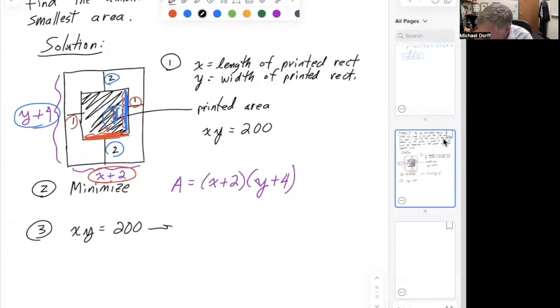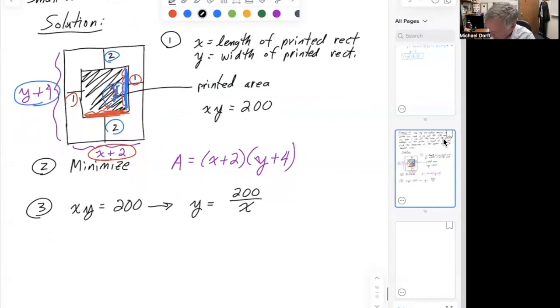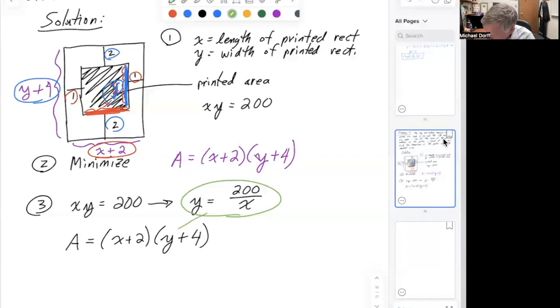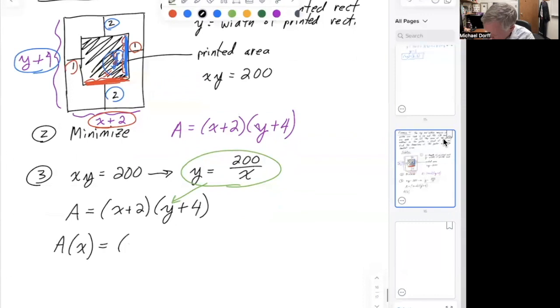Let's solve for Y. So Y is going to equal 200 over X, dividing both sides by X. And then remember, A was (X plus 2) times (Y plus 4). So now we're going to take the Y equaling that, and substitute it in here, and I'm going to get a function in terms of my one variable X, and it's going to be (X plus 2) times (200 over X plus 4).